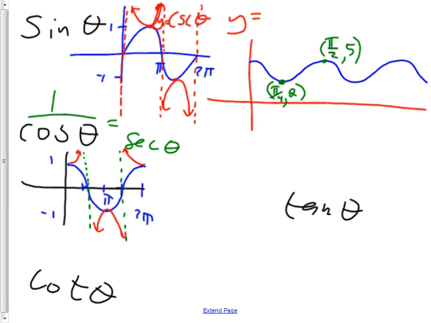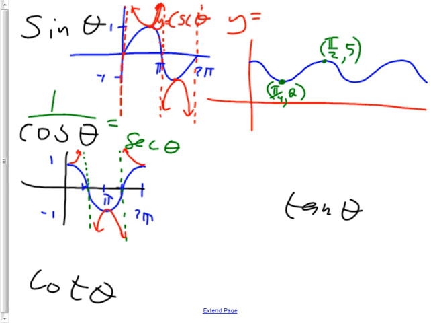Now remember, this is just kind of artificial because this will keep cycling over and over and over, and so secant will just keep doing this over and over and over. Just like cosine keeps going forever to the right, secant also would follow it and ride on its back. All right, so there are your 2 new functions.